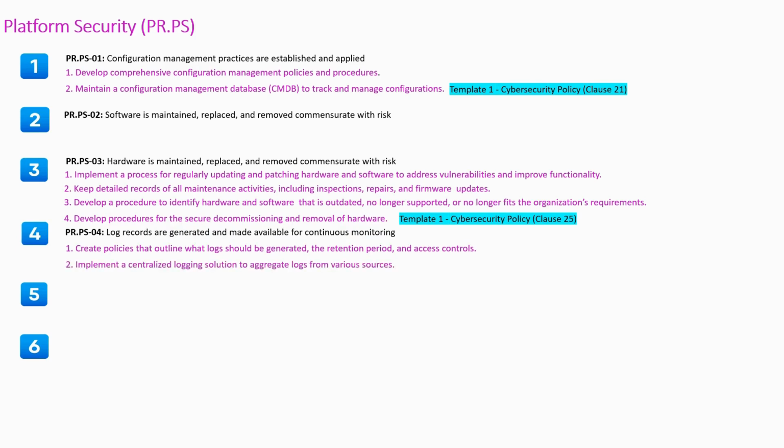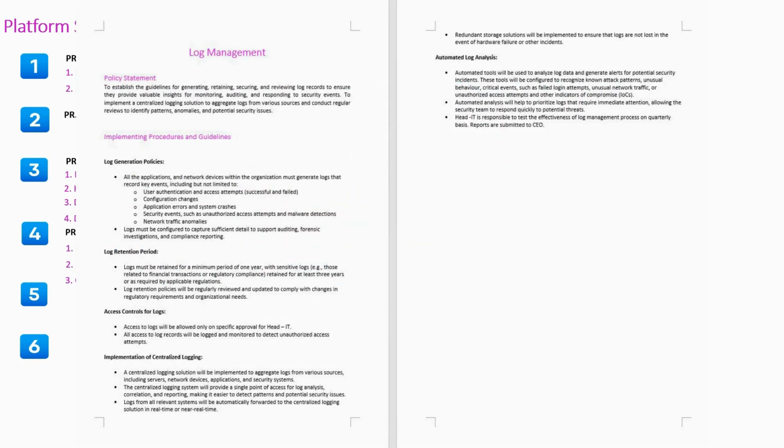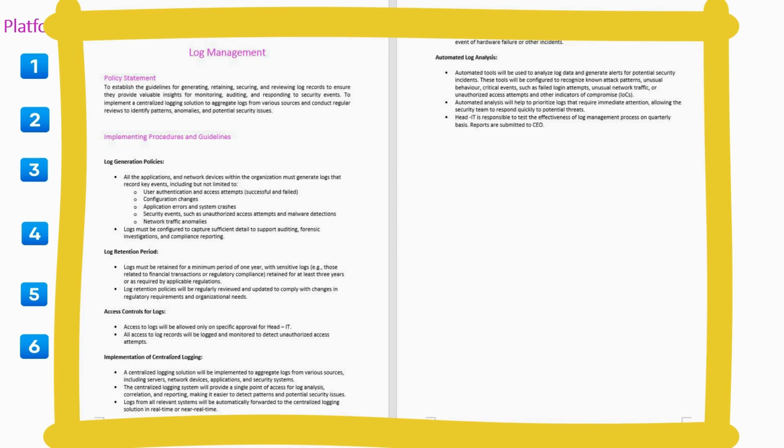Also, it is most important to implement a centralized logging solution to aggregate the logs from various sources. Conduct regular reviews of the log records to identify patterns, anomalies and potential security issues. You may like to refer to clause 23 of our cybersecurity policy to understand log management procedures.